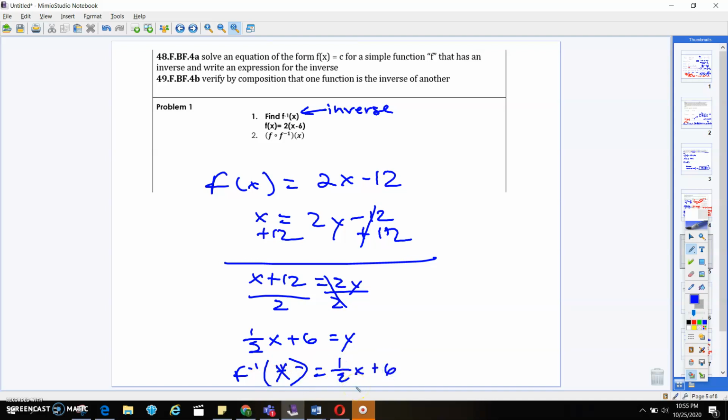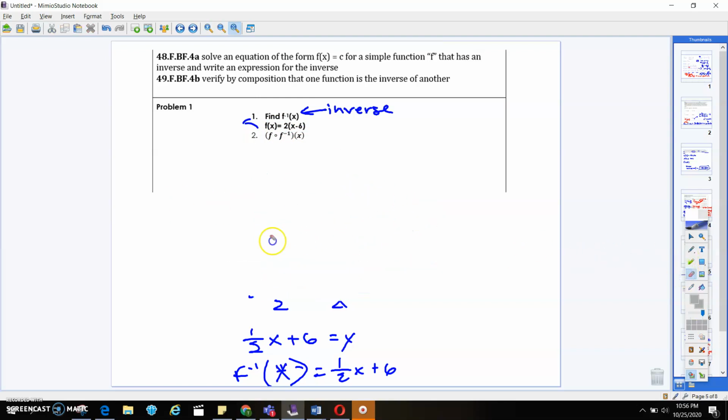Okay. And then the second one says, find the composition of it. So we're going to take the original function, and then we're going to plug in the inverse function into that. Okay, so I'm going to take the original, which is 2x minus 12, and I'm going to take the inverse and plug it in.